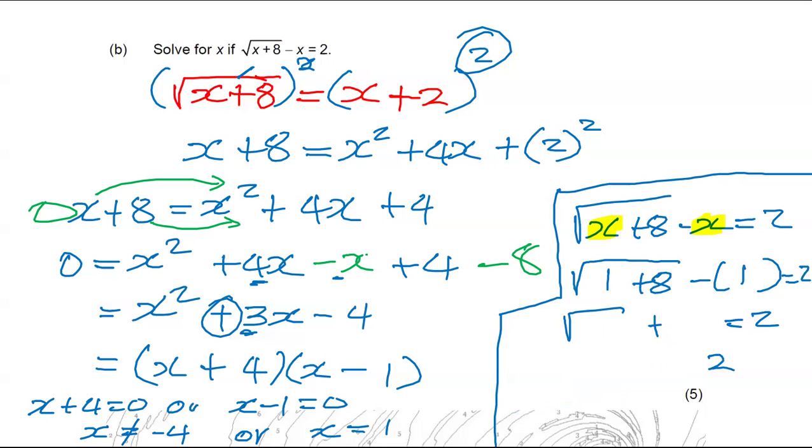All I have to do now is simplify what is underneath the square root, and that will be 1 plus 8 is 9, and this is minus 1. The square root of 9 is actually 3, and you're going to have 3 minus 1, and 3 minus 1 equals 2. Therefore, we can say that x equals positive 1 is a solution.